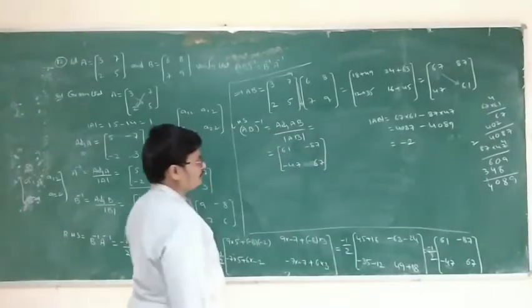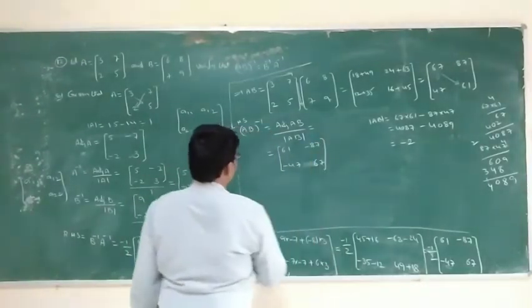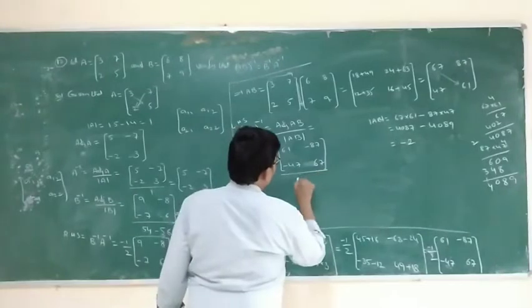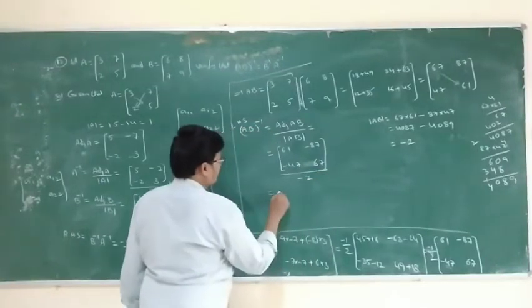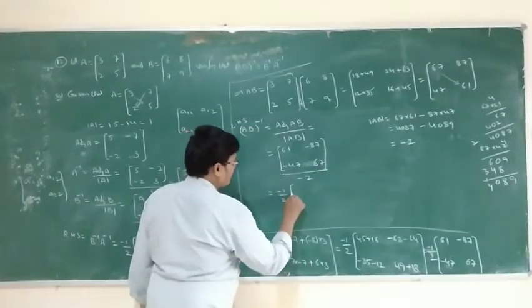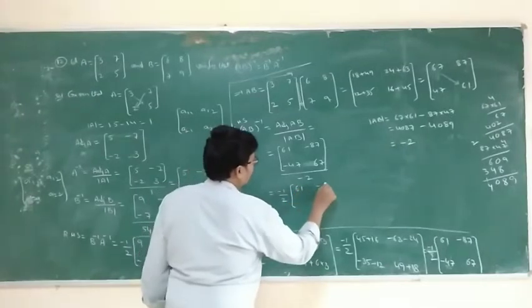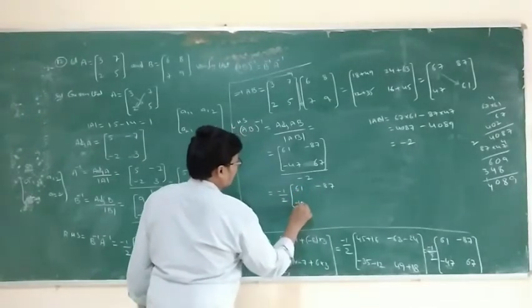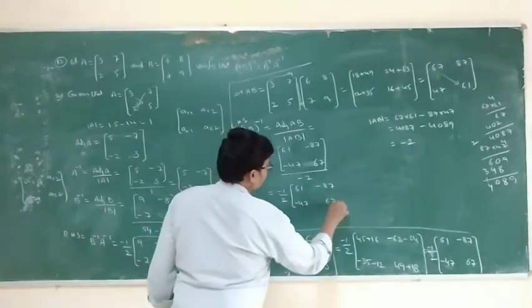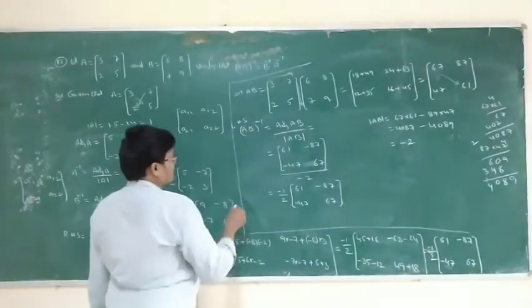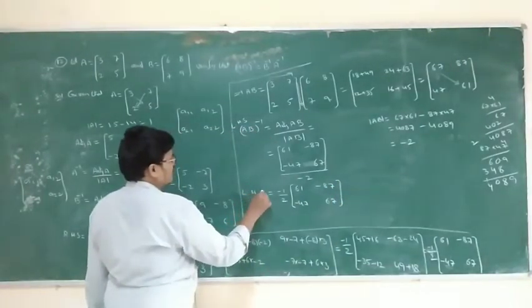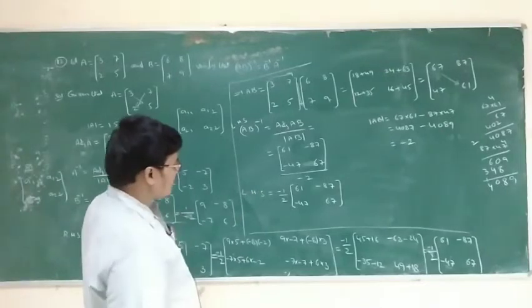Divided by det AB, which is minus 2. So that is equal to minus 1 by 2 into 61, minus 87, minus 47, 67. This is what? LHS.